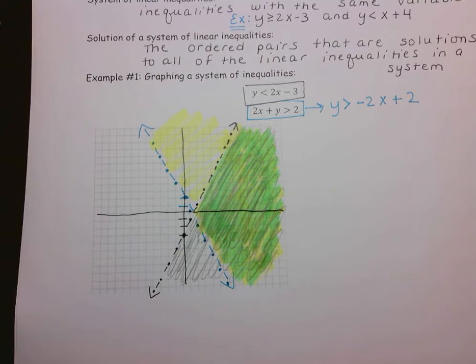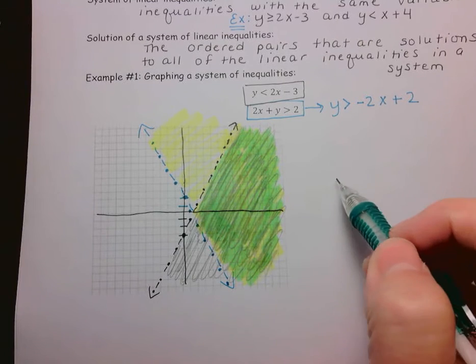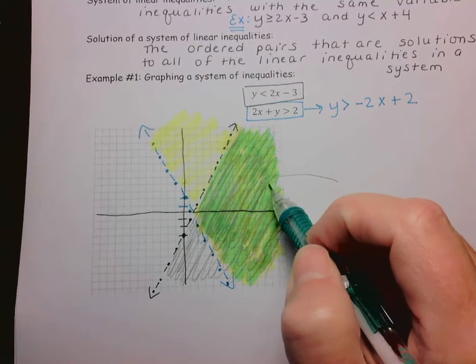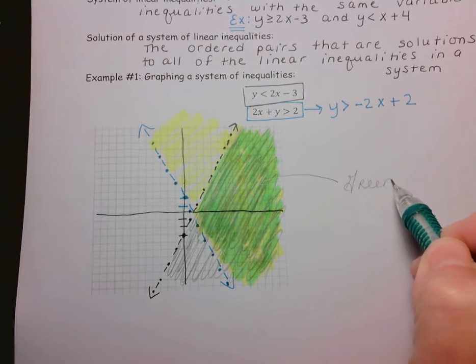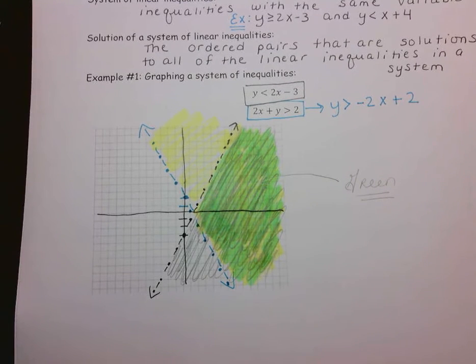So the solution to this system of linear inequalities is right here in this green shaded region. It is the part of the graph that they both have in common.